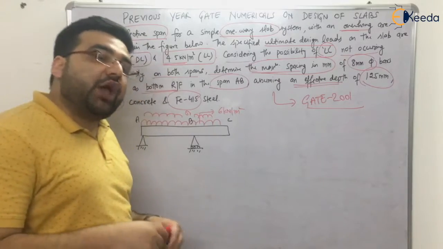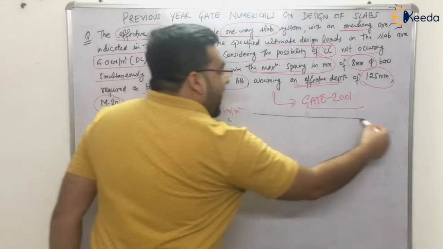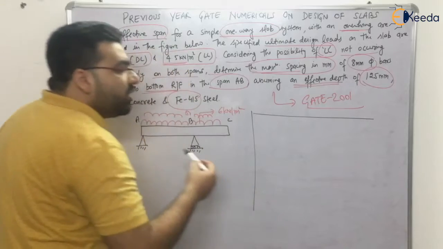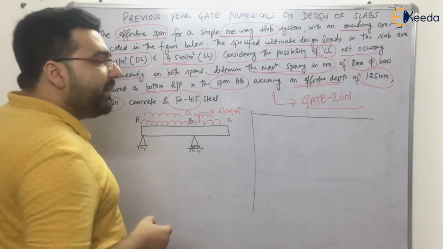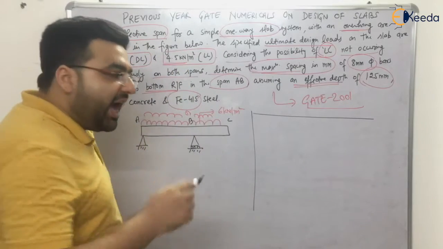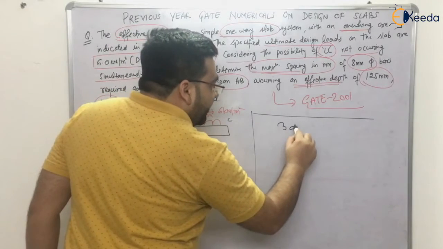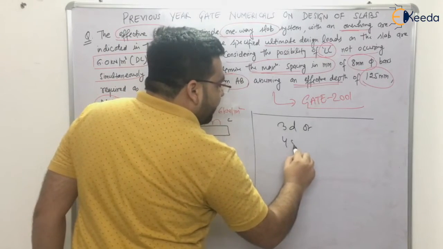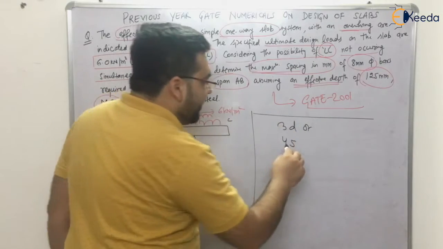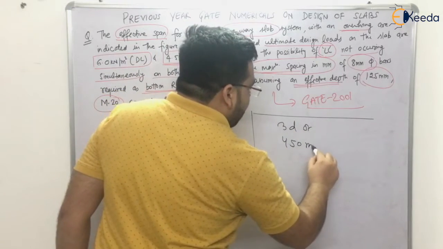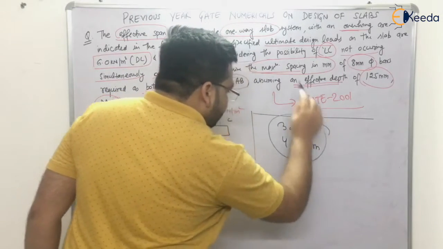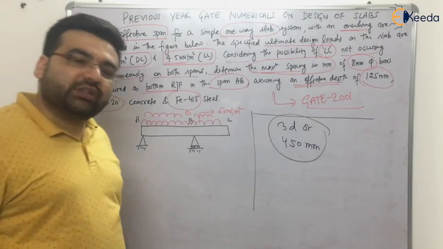After that, you have to check whether the IS 456 provisions are met or not. I told you that the main reinforcement spacing in a slab is 3d or 450 mm, 3d or 400 mm, minimum of the two.